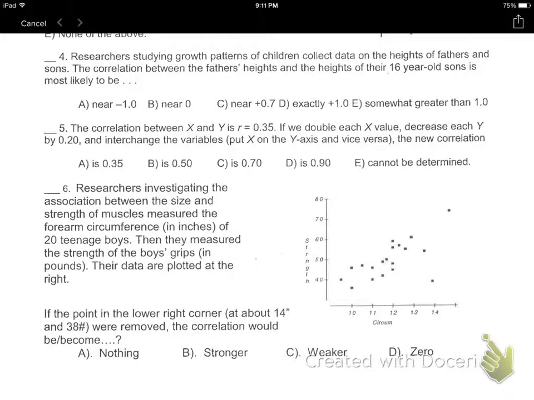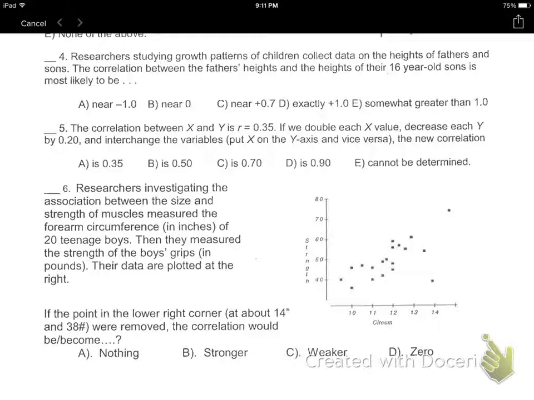Okay, number 4. And what they want us to do is to find the correlation, to estimate it. If you take a bunch of fathers and you get their heights, and you take the heights of their 16-year-old sons. So that means that 16s are practically grown. Not fully grown, but practically grown. And do you agree with me that as the father's height increases, the son's height increases?